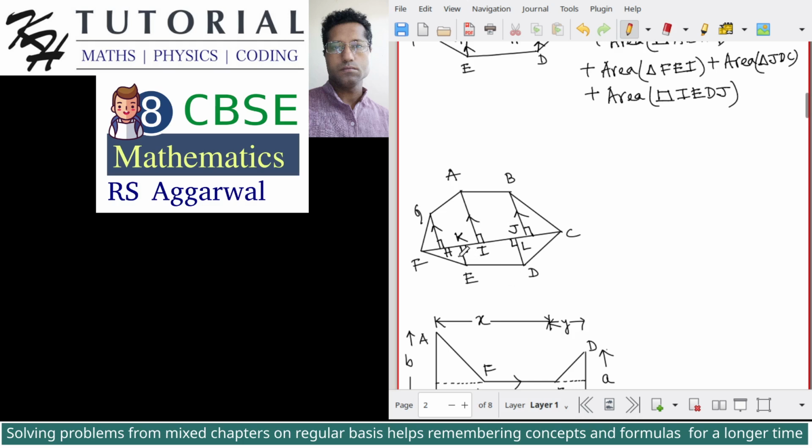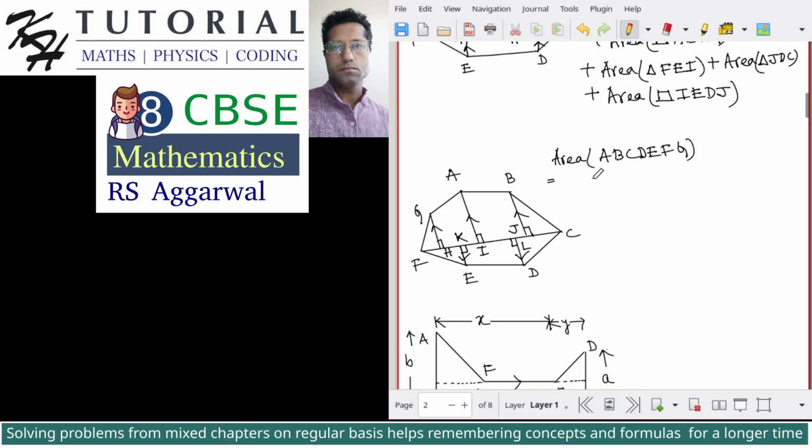Also these two perpendiculars will be parallel, that is IE will be parallel to LD. So above the diagonal FC we have two triangles and two trapeziums, and below the diagonal FC we have two triangles and one trapezium.